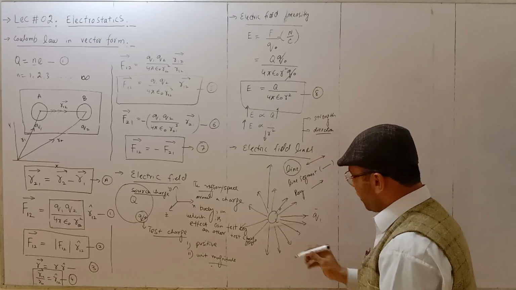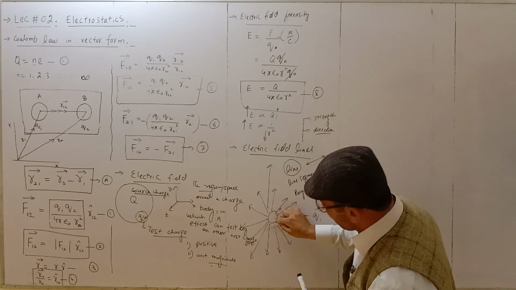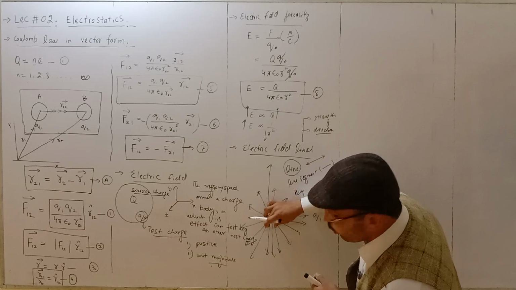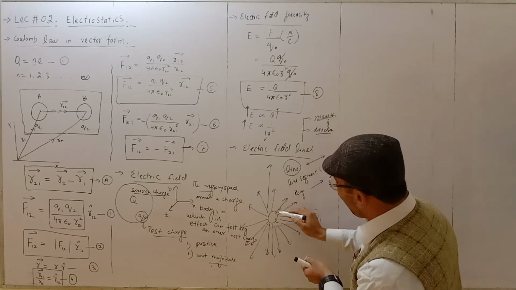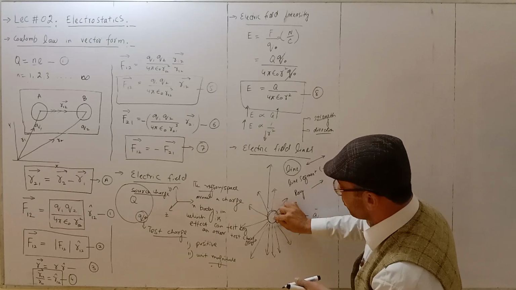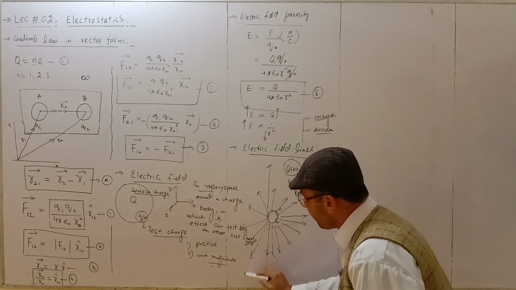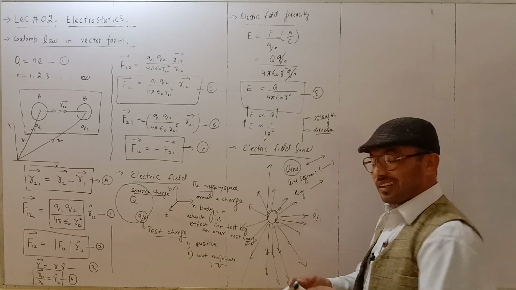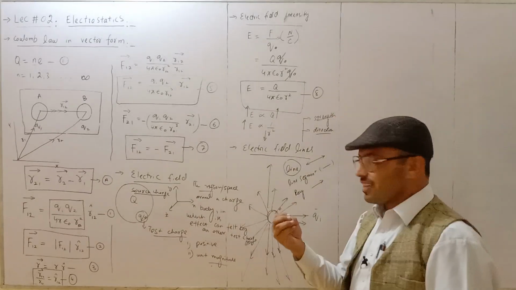Strength means that if I am standing near the source charge, these lines are very close to each other. Close together means the electric field intensity near the source charge is large, and when I move away from the source charge, these lines diverge, meaning the strength decreases.